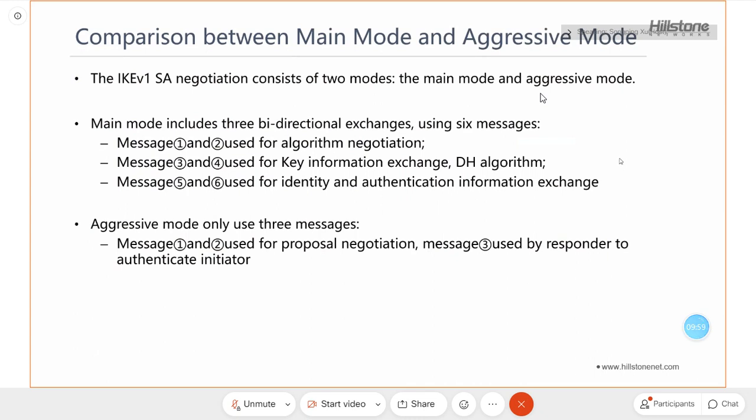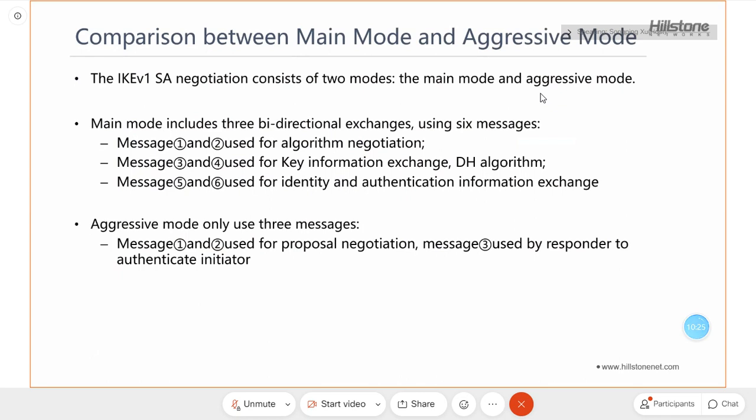This slide gives you some idea of the difference between the main mode and aggressive mode under the IKEv1 SA, which has two negotiation modes. Main mode includes three bidirectional exchanges using 6 messages.